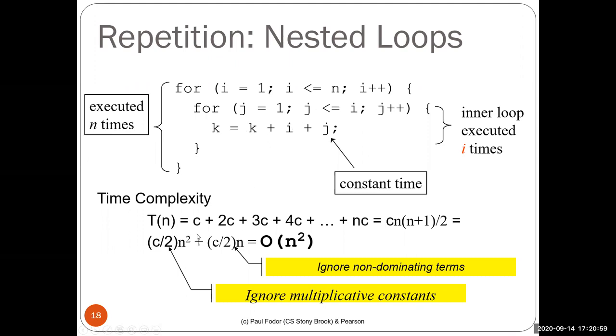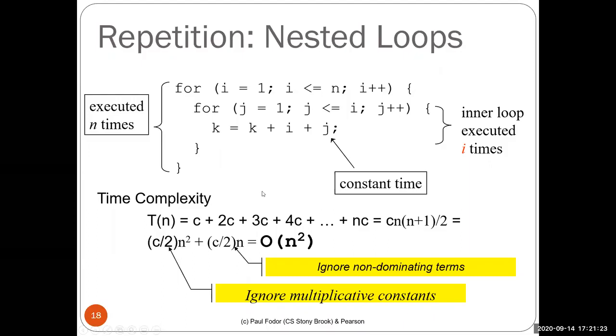So it's only one constant that is added to the real execution time. For i equal 2, it will execute twice because it starts with j equal 1, and as long as j is less than 2, it will execute by incrementing j once only. So it's 2 multiplied with the constant time that it takes the inner block.